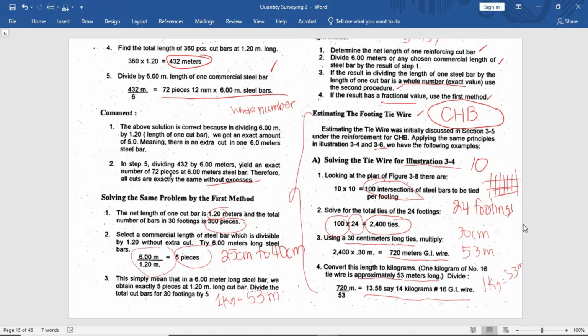So isang kilo na tie wire ay 53 metro ang haba. So, makukuha natin 720 meters divided by 53. Round up lang natin kasi possible na magkaroon tayo ng problema pag sinakto-sakto natin. So, ang sagot natin is 14 kilograms number 16 GI wire.